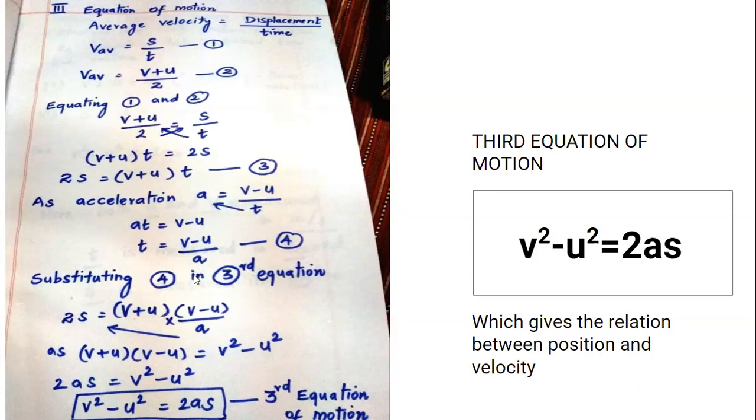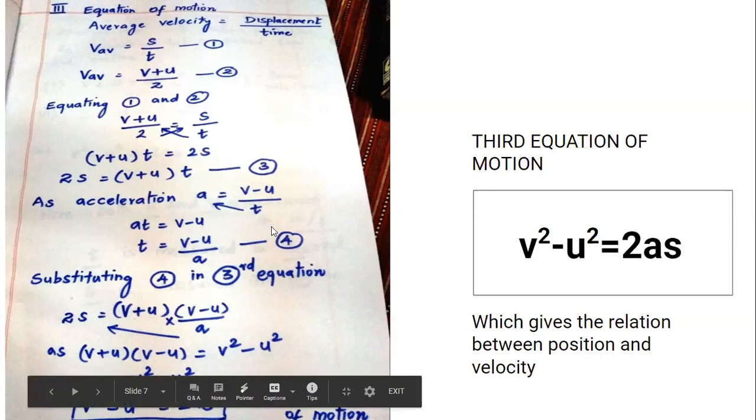Can you understand? So this is 4, T is equal to V minus U by A, the fourth one. Here it is the third equation. This T we are going to replace with this.